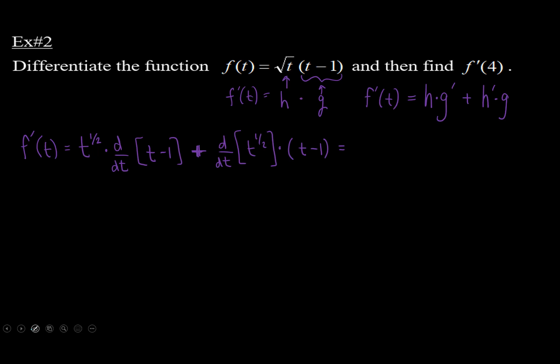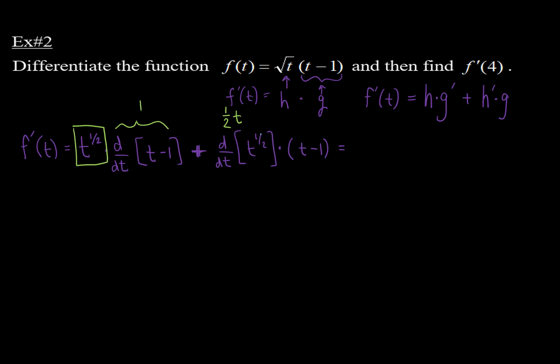All right, let's go ahead and find those derivatives and combine them. So this first one here, this is just t to the 1/2. That's all set. The derivative of t minus 1, that's just 1. So this whole thing right here, that's just going to be 1. This derivative, remember what we do with the derivative. We take the power and we bring it down, and then we decrease the power by 1.